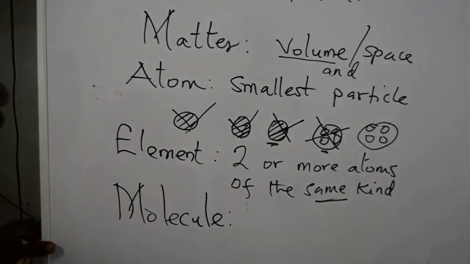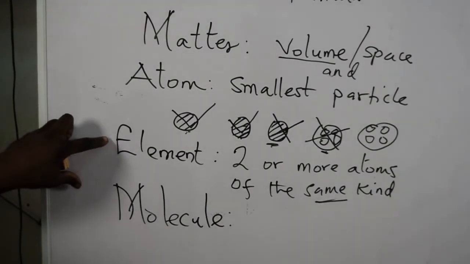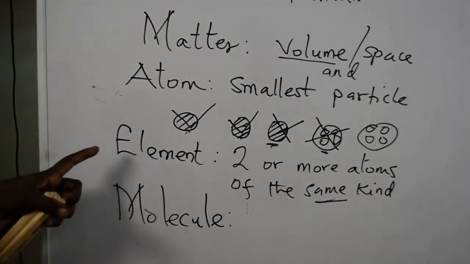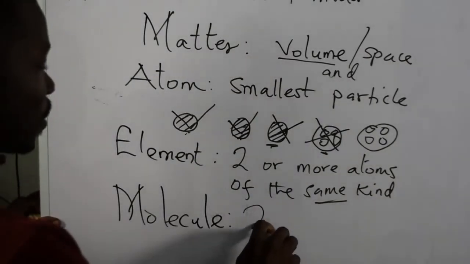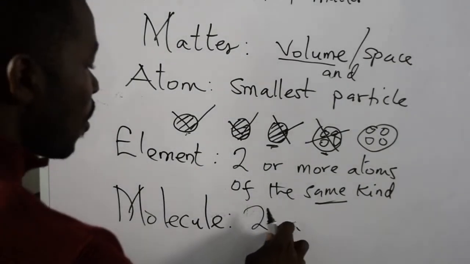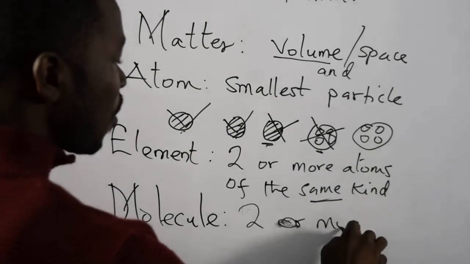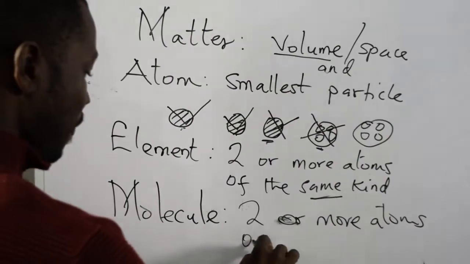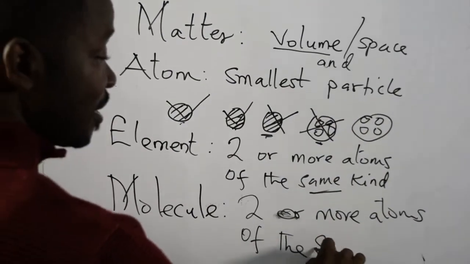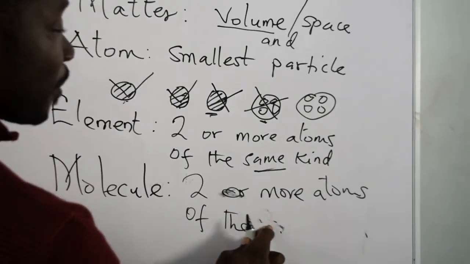In the same vein, most students try to interchange or assume that this definition can pass for molecule. It's not true. Yes, molecules are made up of two or more atoms of the same. Good. This is where the problem comes.